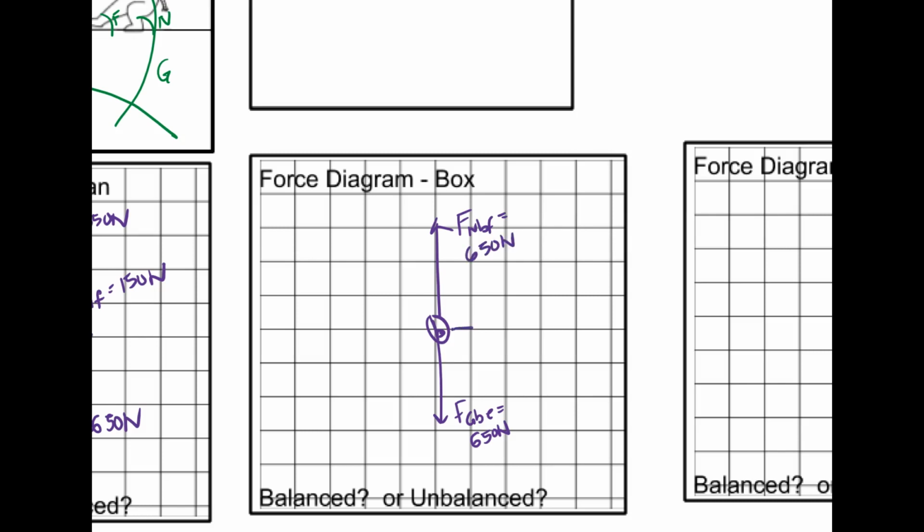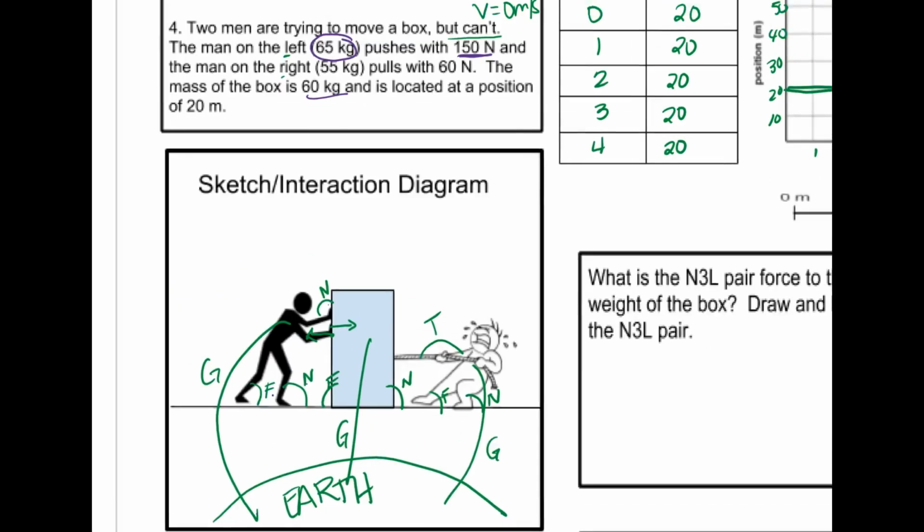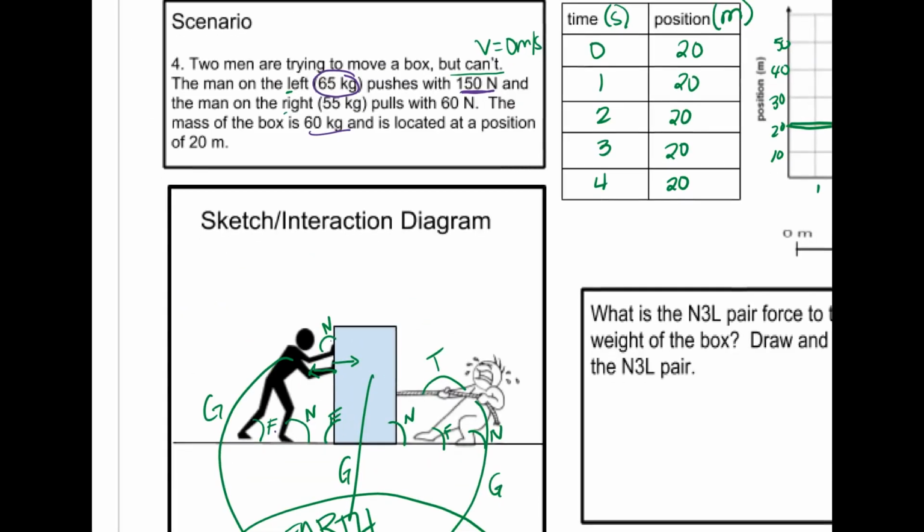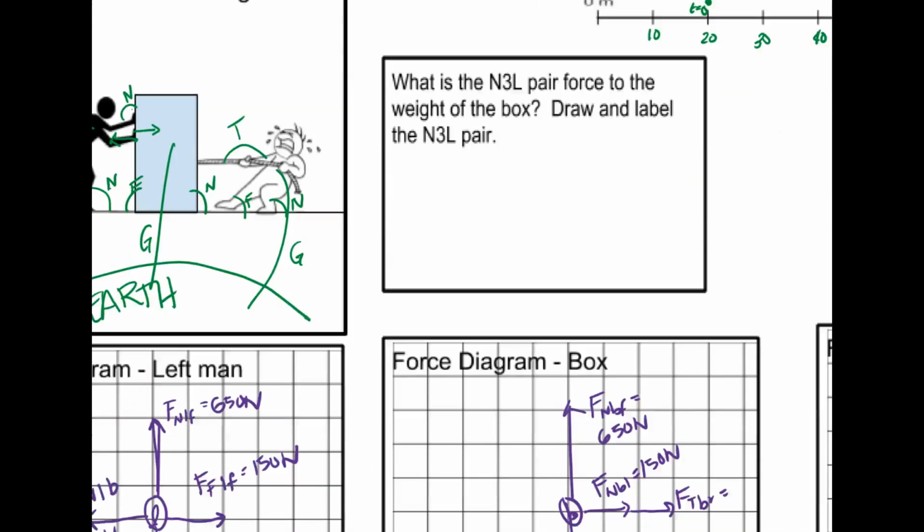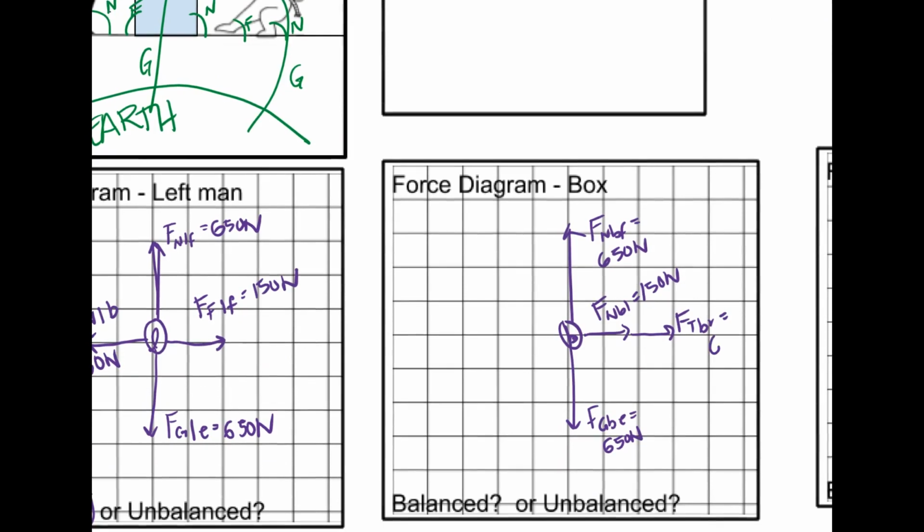The man on the left is pushing the box in this direction. So normal force on the box with the man on the left is happening at 150 newtons, but it's also being pulled by the right man at 60 newtons. So the man on the right is pulling the box at 60 newtons.